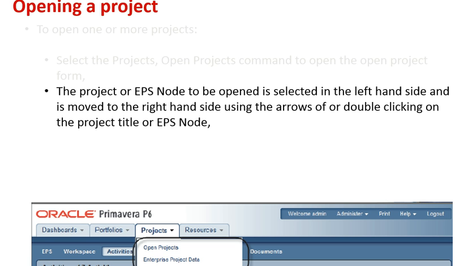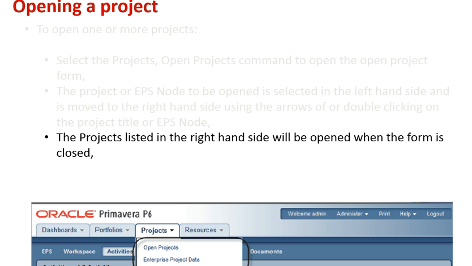Just as you move columns from the right hand side to the left hand side, or from the left hand side to the right hand side in your Primavera client system, similarly, you can move projects from the left side to the right side. So any desired projects, you can move them for viewing purposes.